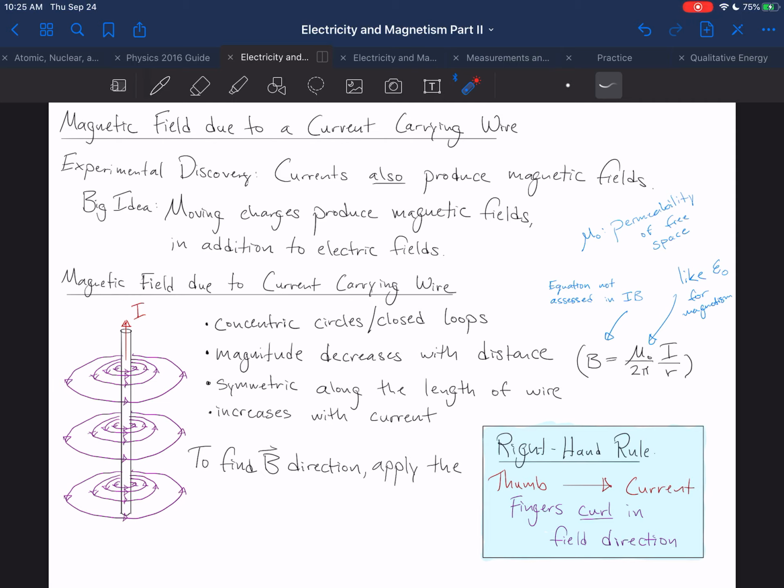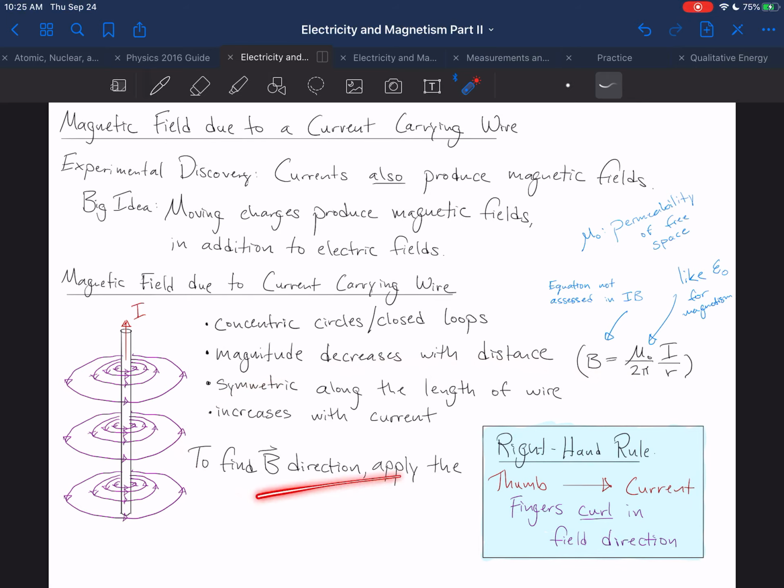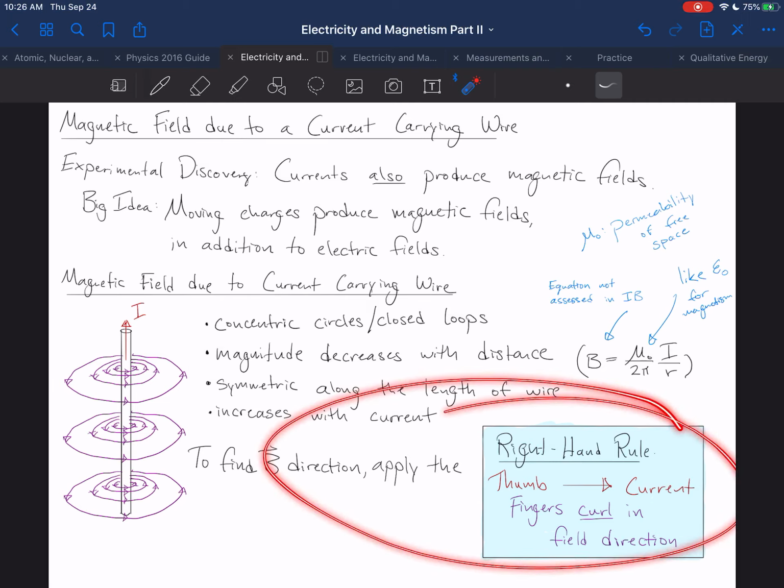So thumb in the direction of the current, then your fingers on your right hand will curl in this direction if you semi-close your fist. So that's how you find the magnetic field direction. This is, for those of you with the math, a bit of a backwards way of doing what is ultimately a cross product. But we'll see that a little bit later.